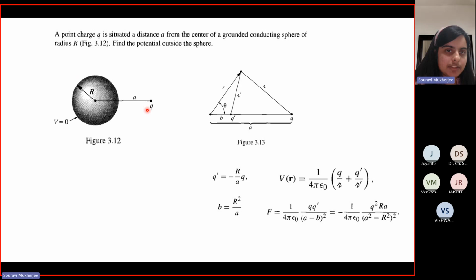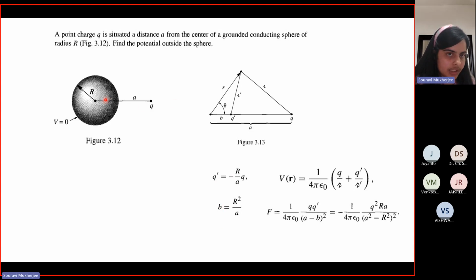Now, a similar thing can be done for a sphere. So here it says that the potential on the surface of the sphere is given as 0. You have a plus Q charge at some distance from the center. You are asked how to find the potential somewhere outside the sphere. So what you do is you mimic the situation with some point charge somewhere inside the sphere. And if you try to solve it, you'll see that there is a Q prime charge at a distance b from the center.